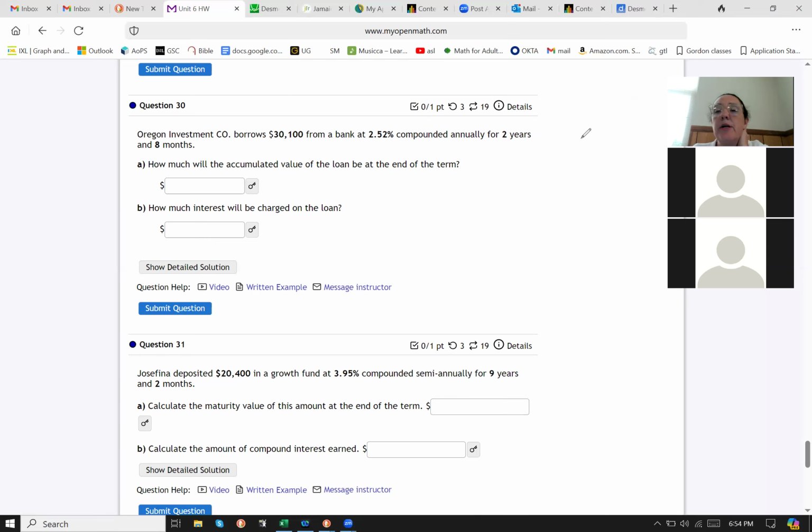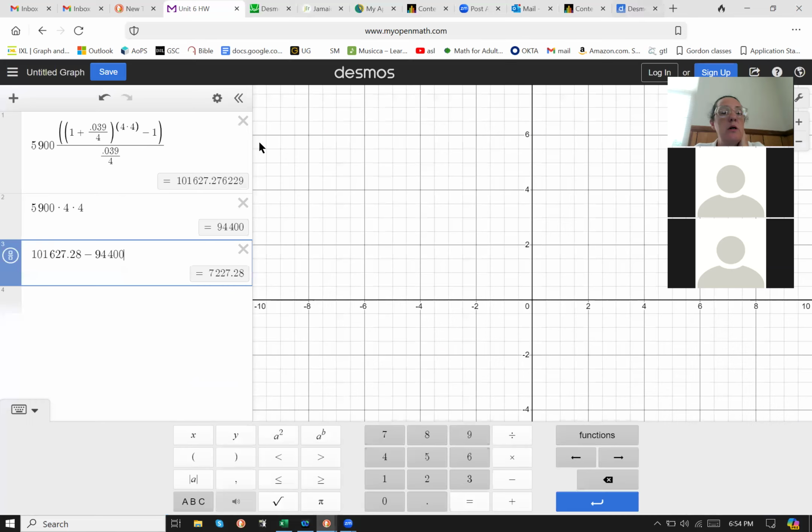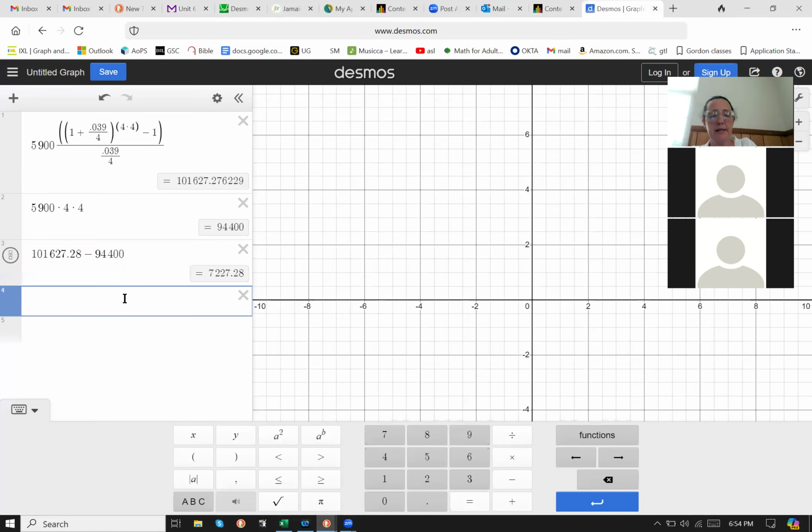Okay, so now putting that into Desmos, we have our principal times 1 plus R over N, so 0.0252 over 1 raised to the NT power.